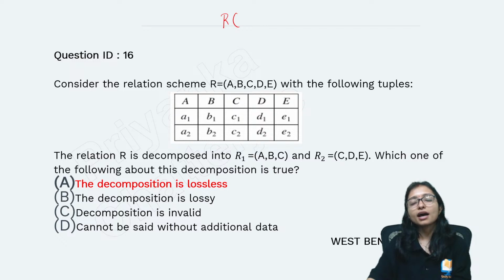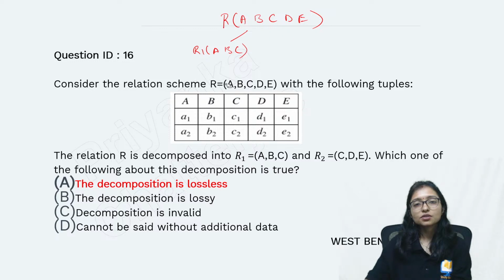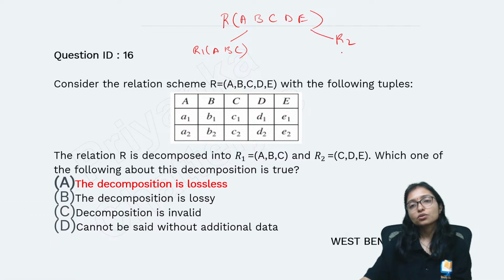Whenever you are getting R, it is given as A, B, C, D, E. You are able to divide them. R1 is A, B, C. R2 is C, D, E.